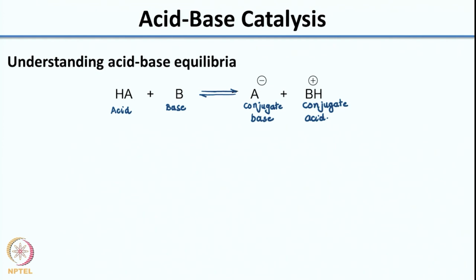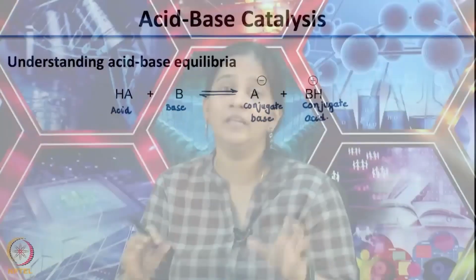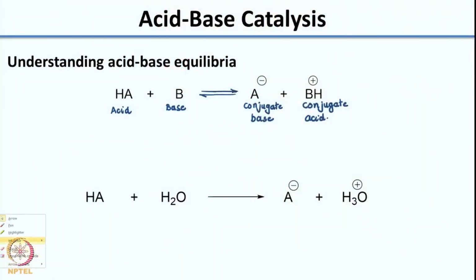So, now you have to understand that this process is in equilibrium. Now, a lot of times we consider reactions in water. So, here what is happening is your water acts as a base, and the conjugate acid that you have is H3O plus. Again, a better way to represent this would be by the equilibrium sign.